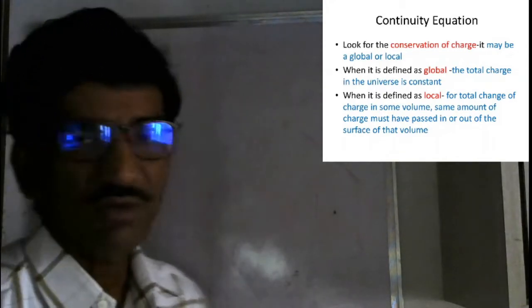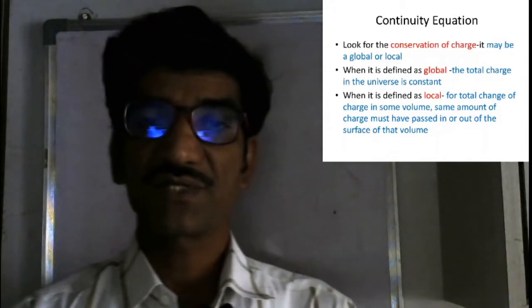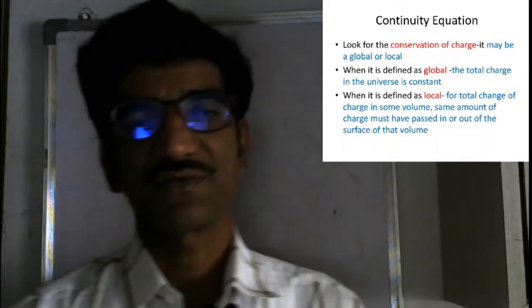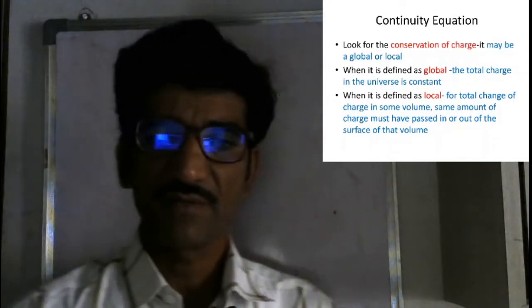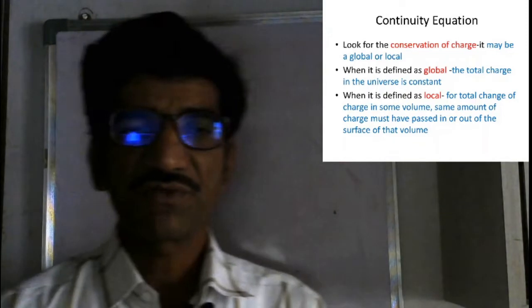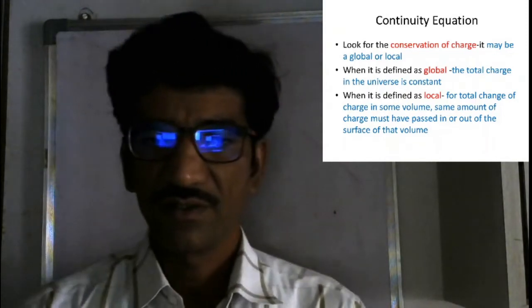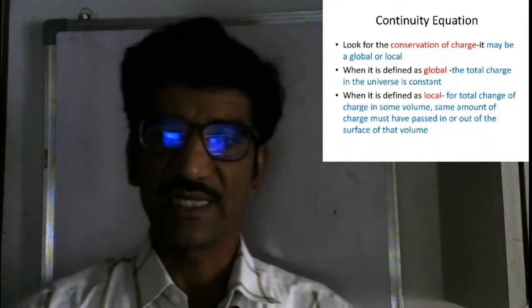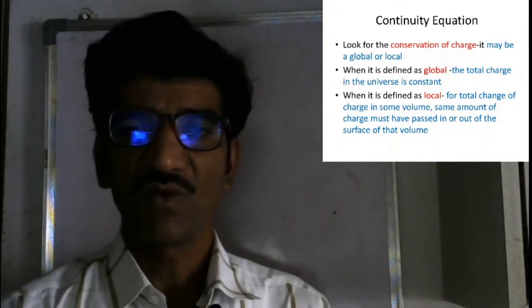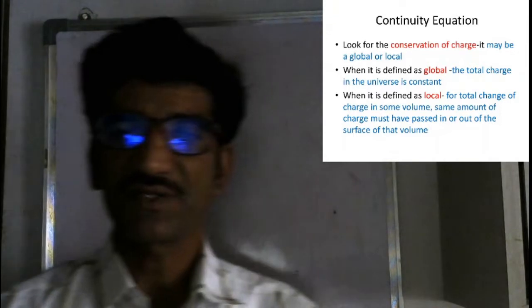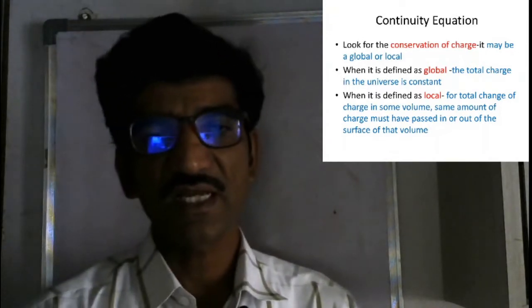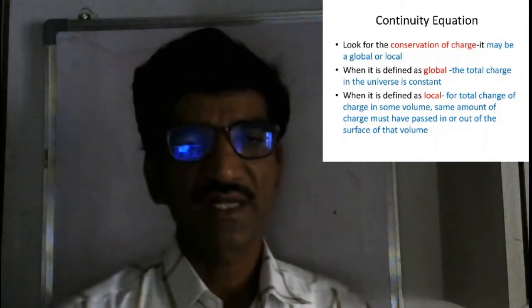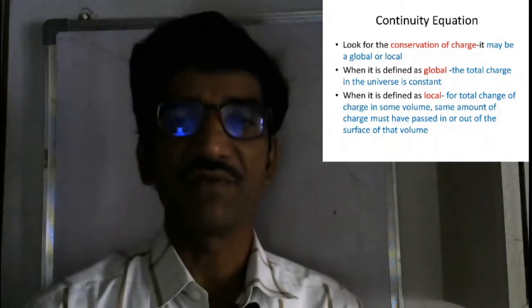Whenever we want to discuss the conservation of charge, it may be of two different kinds. You may require the conservation at the global scale or at the local scale. What is the meaning of global conservation of charge? That is a conservation of charge in the entire space or in the entire universe.